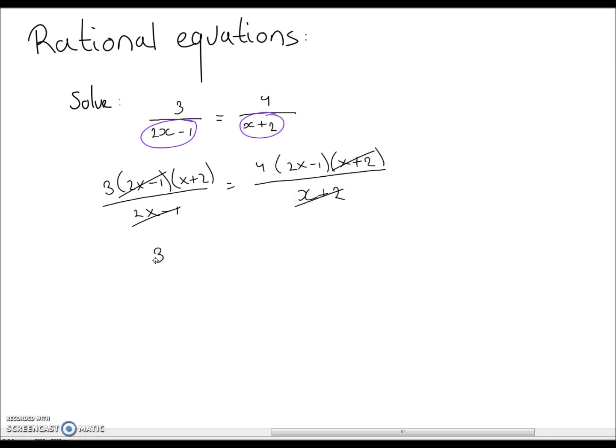What remains is 3 times (x plus 2) divided by 1 is equal to 4 times (2x minus 1) divided by 1. And dividing by 1 is something we usually don't write down, so we're not going to do that now either. The only thing we need to do now is multiply out the brackets and solve the equation.